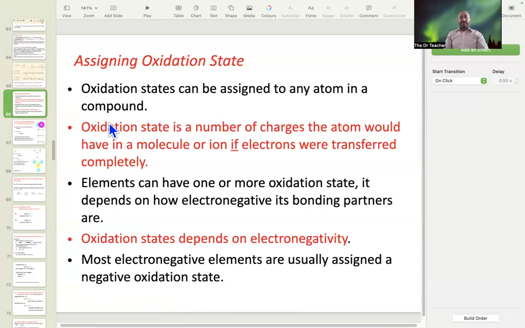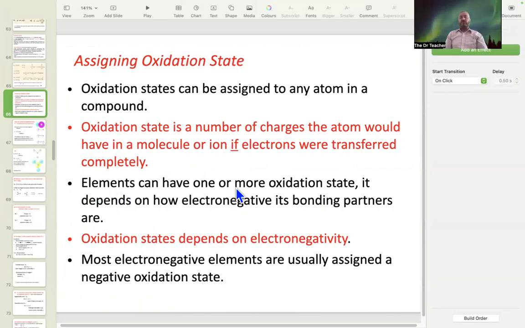Assigning oxidation states. So oxidation states can be assigned to any atom in a compound. Oxidation state is a number of charges the atom would have in a molecule or ion if electrons were transferred completely. So we can find oxidation states when the electrons have been transferred completely in a molecule.